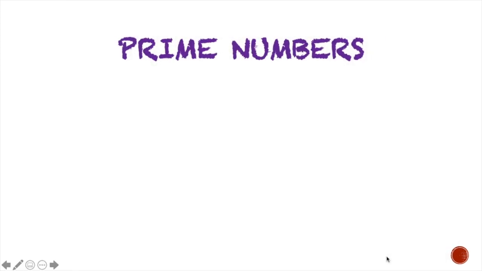So now that we have covered those two concepts, let's continue our lesson with prime numbers. Prime numbers are numbers with just two factors, 1 and itself. Some examples of prime numbers are the numbers 2, 3, 5, 7, 23, or 41.